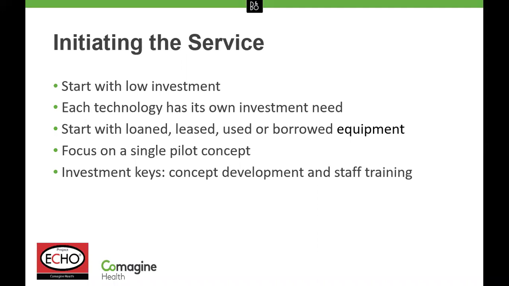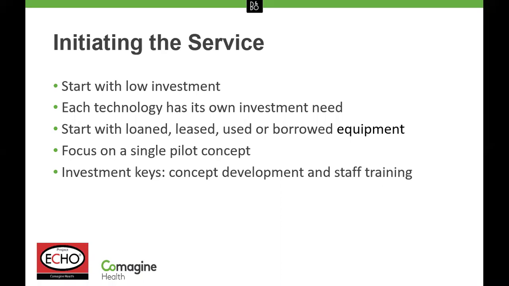And recognizing that each technology has its own investment need, you need to be very, very careful that you identify all those investment needs, not only in terms of financial resources, but human resources and system changes that are needed. We always try to start with loaned, leased, used, or borrowed equipment to test something out. We do vein therapy here. We borrowed some equipment to see if that was going to work for us.